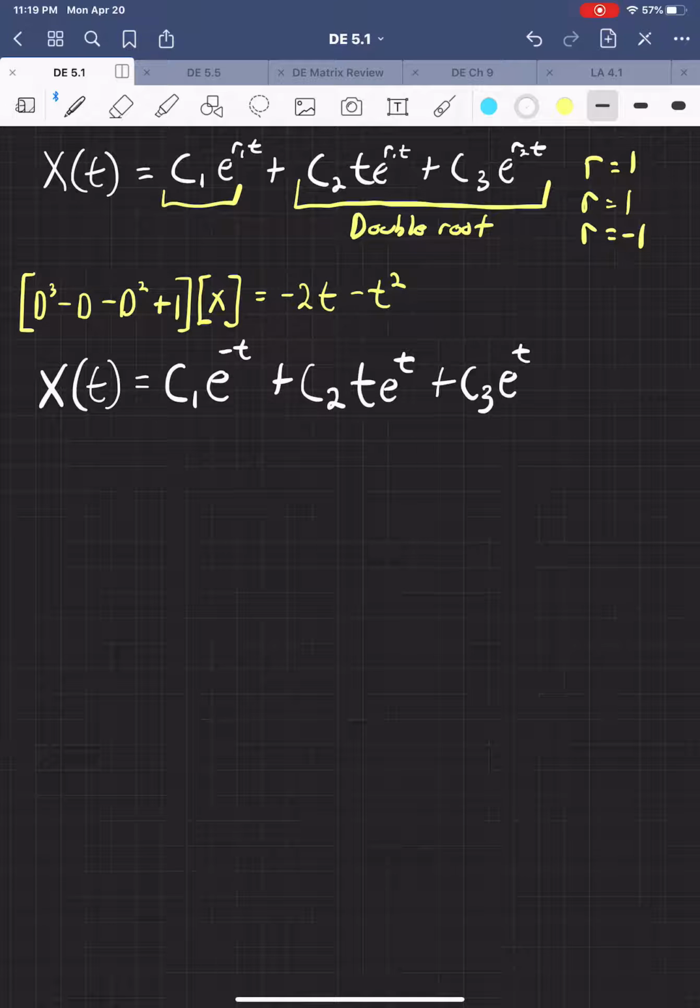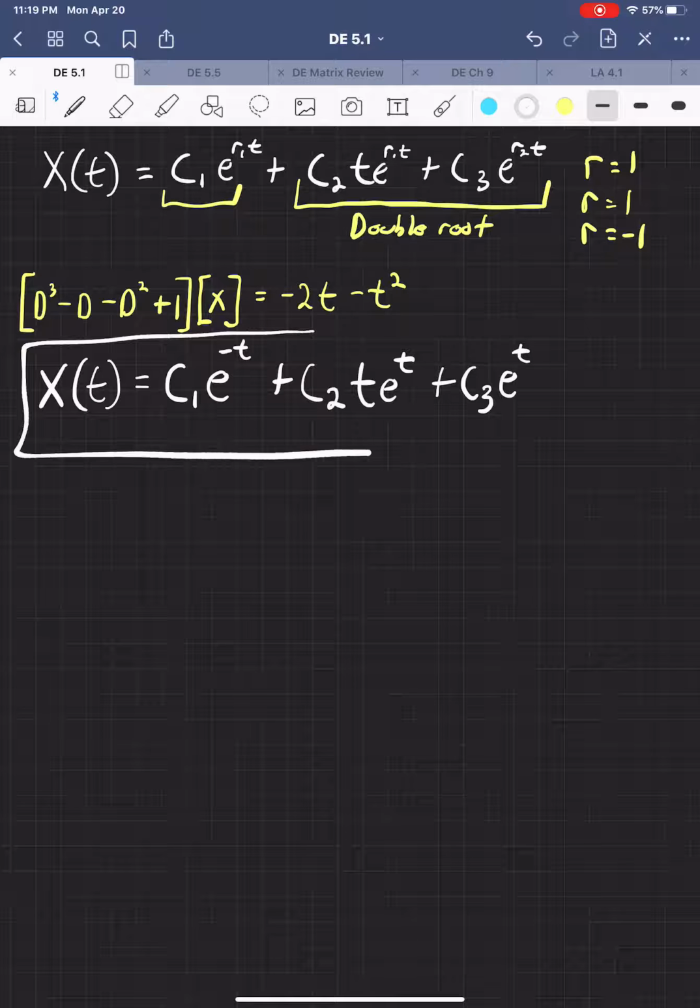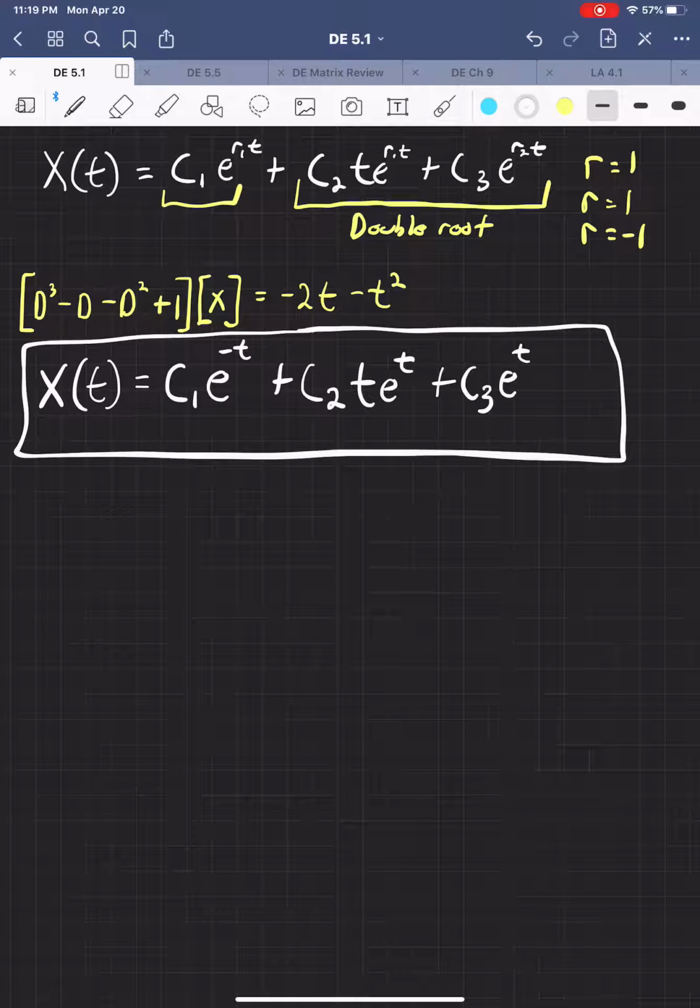Okay, so let me box this in, because what is this? This is just the general solution to the homogeneous part. So now, just like prior, I would have to look at the right-hand side of my equation to find the particular solution for the non-homogeneous part.